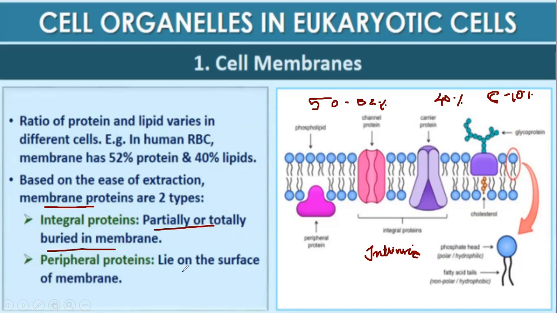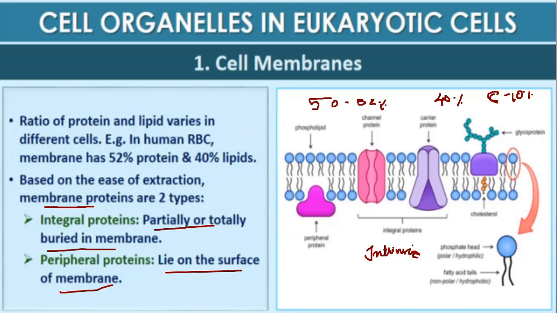And peripheral protein lies on the surface of the membrane, which we will discuss. Since integral protein is known as intrinsic protein, peripheral protein is known as extrinsic protein. Clear with that? The integral protein is also known as channel protein because it acts as a channel. And this is what we call the fluid mosaic model.